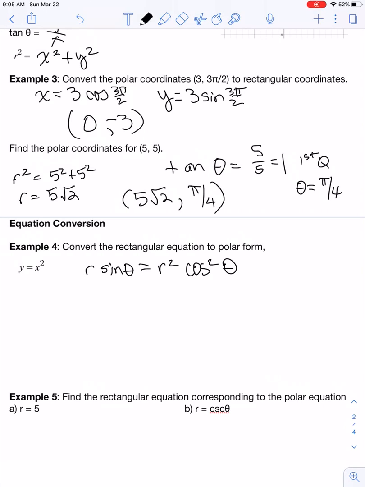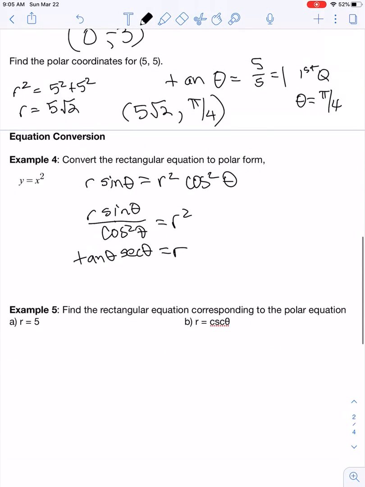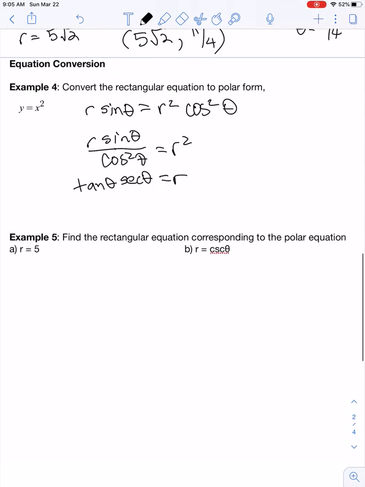And so r sine theta over cosine squared theta is r squared. And then yes, you are allowed to divide by r. So r equals sine over cosine, which is tangent theta, and then 1 over cosine, which is secant theta. That's how you make a parabola in polar form.